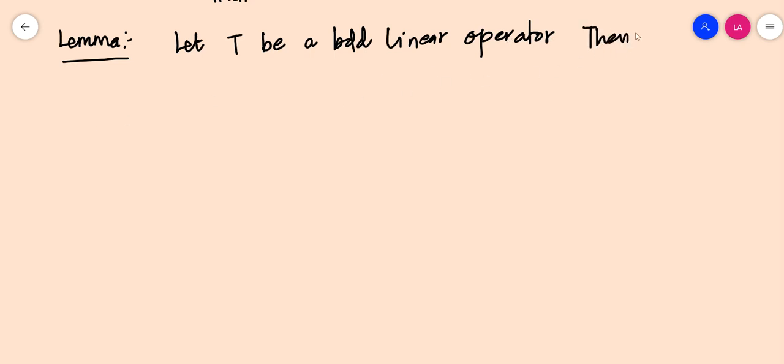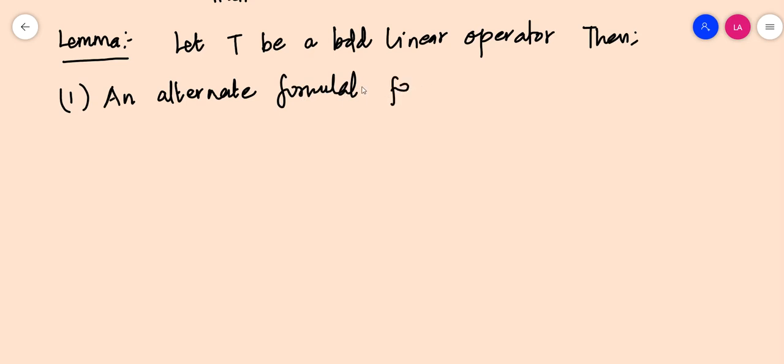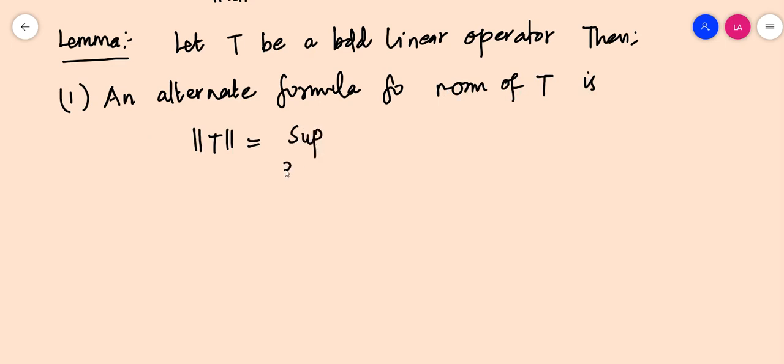Then condition 1, an alternate formula for the norm of T is: norm T is equal to the supremum over x in the domain of T with norm x equal to 1 of norm Tx.